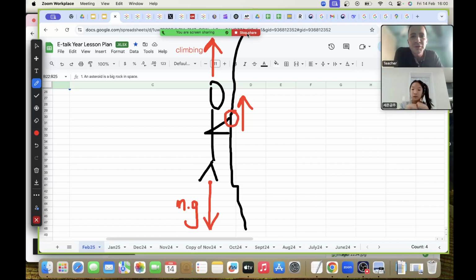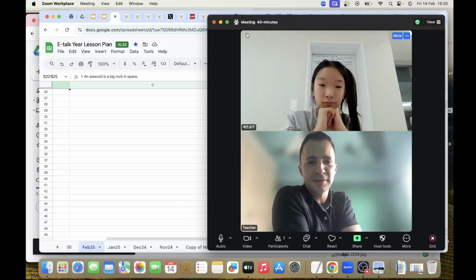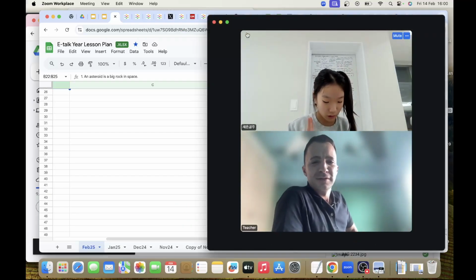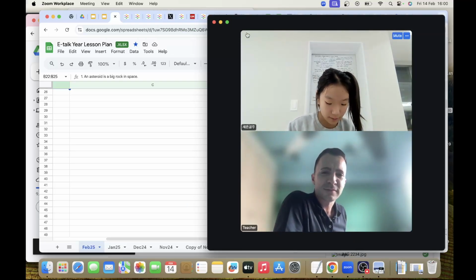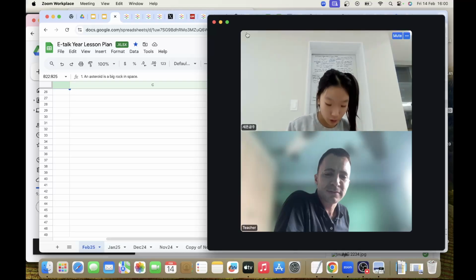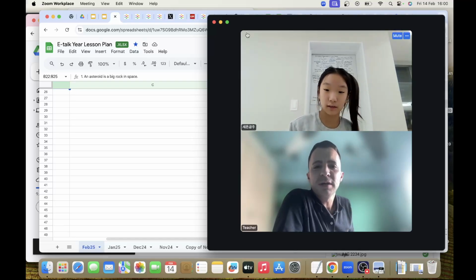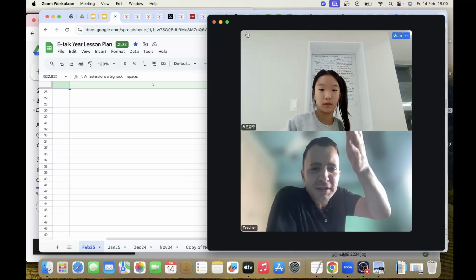Okay. There is one more. Isn't there another one there? There are two more. Let's do those two more. When the swimmer dives, gravitational force pulls him downwards and towards the water. Okay, but that's the same as the guy on the rock.